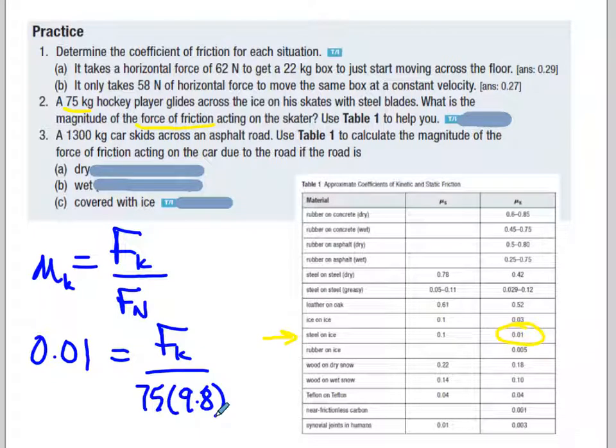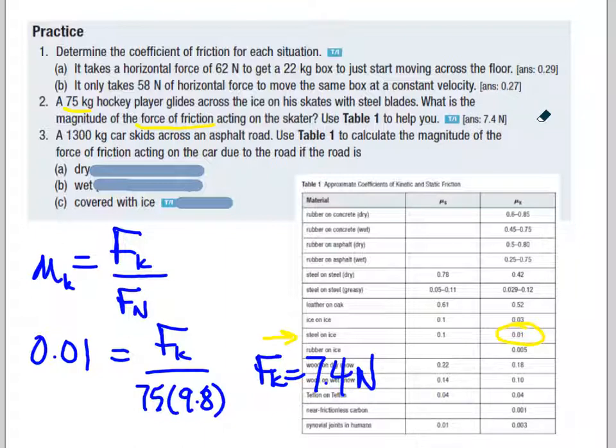And then if we multiply those things together, 0.01 times 75 times 9.8, 7.35 should be my kinetic friction. Let's say 7.4 newtons. So let's have a quick look. So there's the 7.4 newtons.